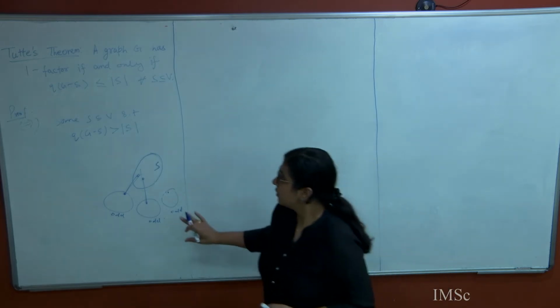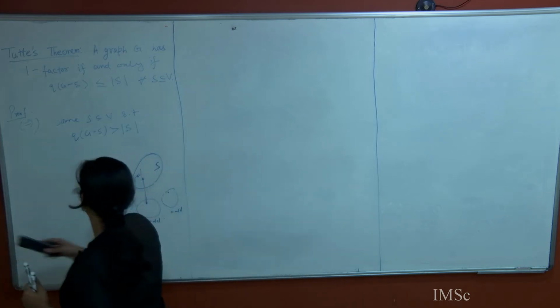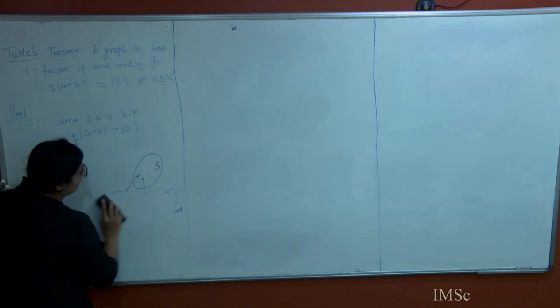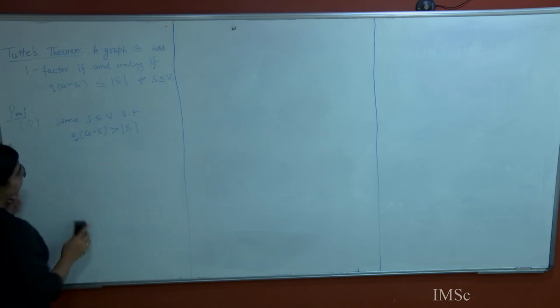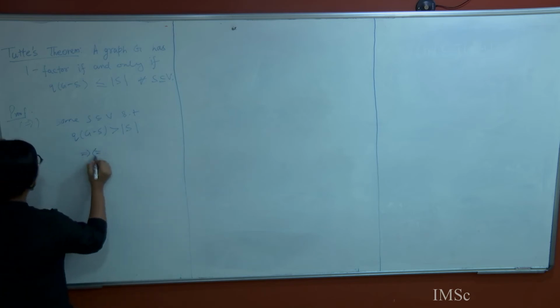So that is why it is not true. That's a contradiction for a one factor. So let's look at the other side. We got a contradiction here.